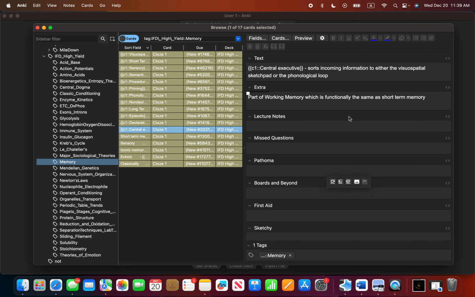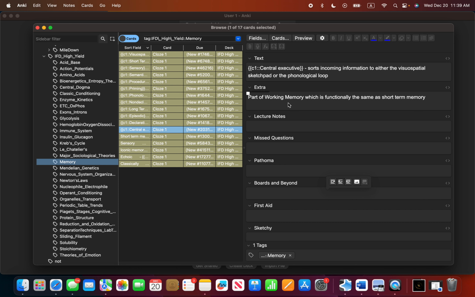Central executive, it sorts incoming information to either the visual spatial sketchpad or the phonological loop. Nice. So the phonological loop, we understand, is for auditory information or written information, and the visual spatial sketchpad is for the vision, like the visual information that we receive. So the central executive is able to sort any incoming information to either the visual spatial sketchpad or the phonological loop.